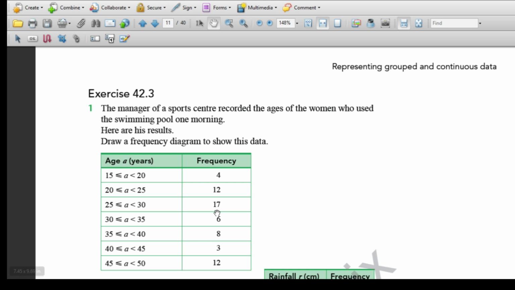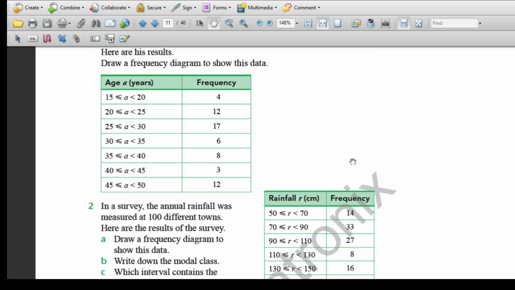So this is the frequency table, and we have to draw a frequency diagram.